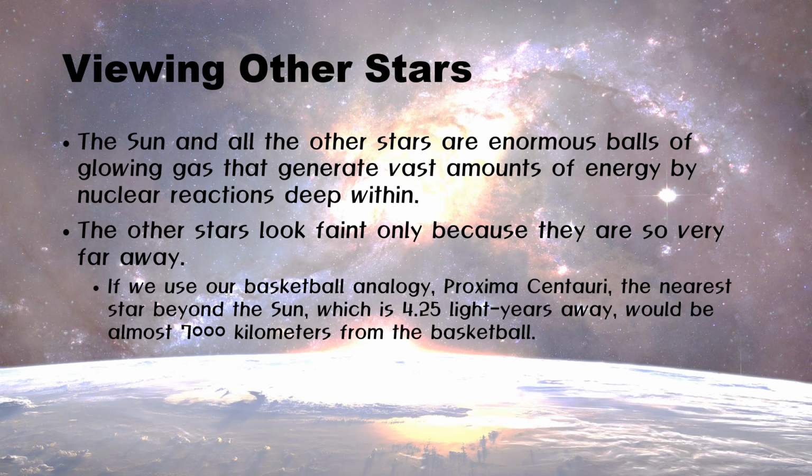If we go back to that basketball analogy, if we looked at Proxima Centauri, which is the nearest star beyond our sun, at 4.25 light years away, we'd have to place its corresponding ball 7,000 kilometers away from the basketball that's representing our sun. Just to give you an idea of how far away that other star is.